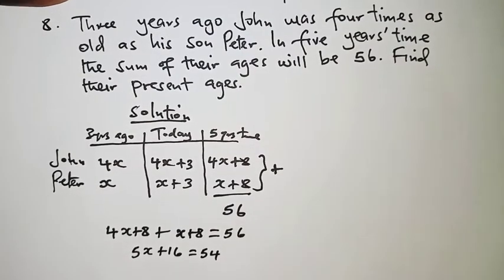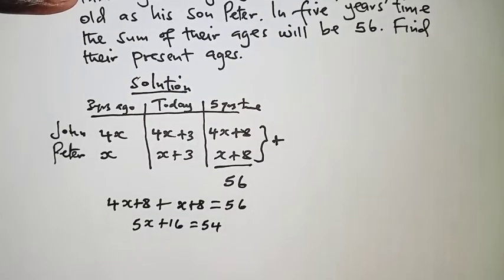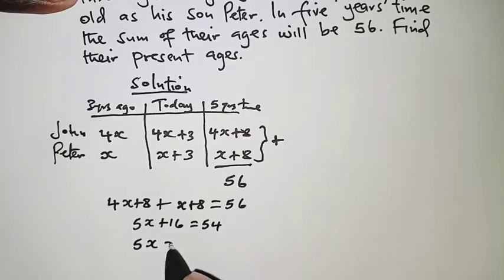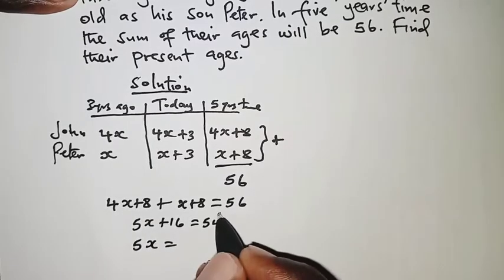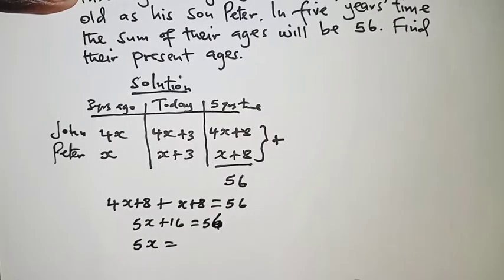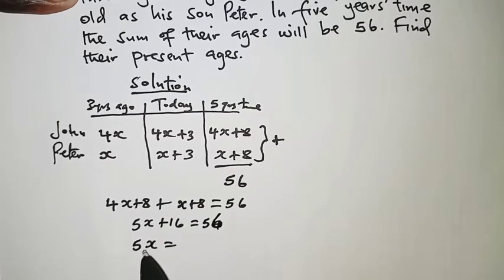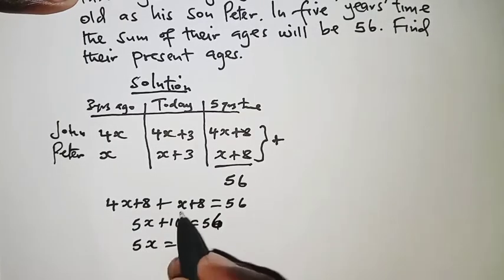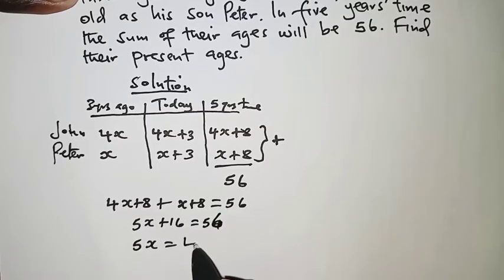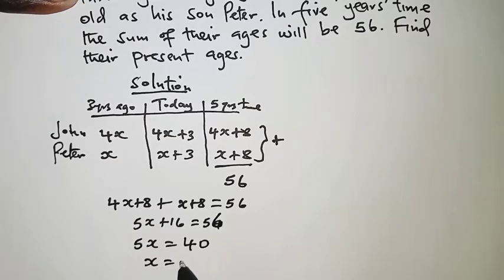So from here, 5x is equivalent to 56 minus 16, and that is 40. So x should be 8, that is dividing both sides by 5.